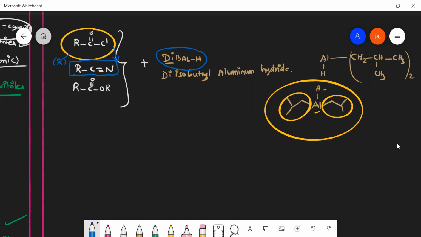This is a mild reducing agent. Lithium aluminum hydride is a strong reducing agent, but here it is a weak, or mild, reducing agent.